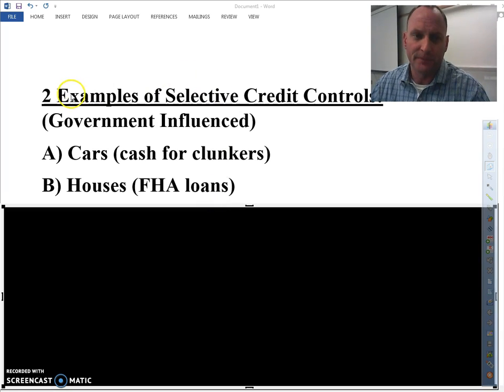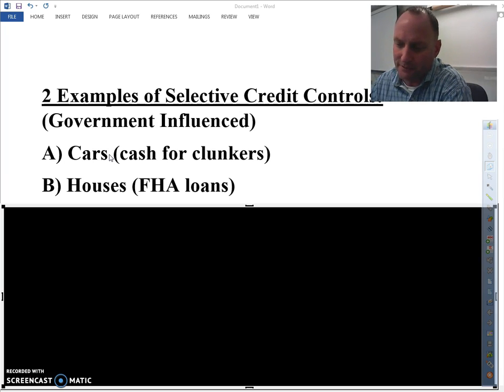Selective credit control is this policy where the government influences the ability of people to buy certain things. We've done a lot of things historically, but I thought two that you might have heard of before. Let's say the government wants the automobile industry to have a boost. So they may start a program like Cash for Clunkers. Some of you have heard this before.